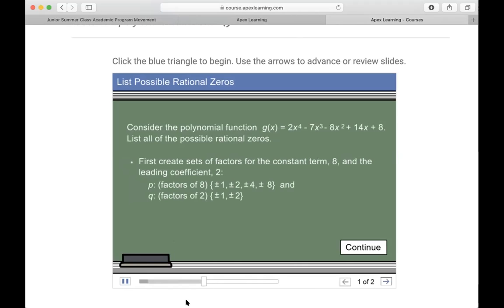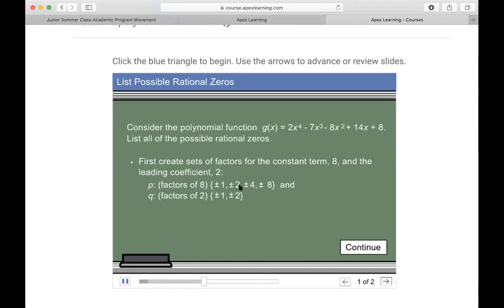So if we are looking at P, P has to be factors of the constant, that last term there. So P has to be factors of 8, so it can be 1, 2, 4, or 8.